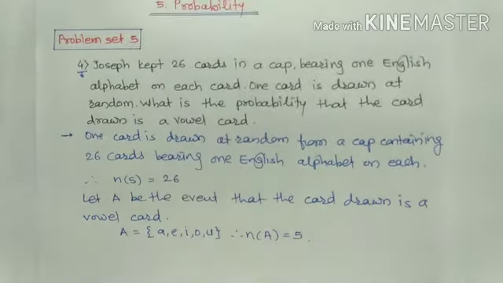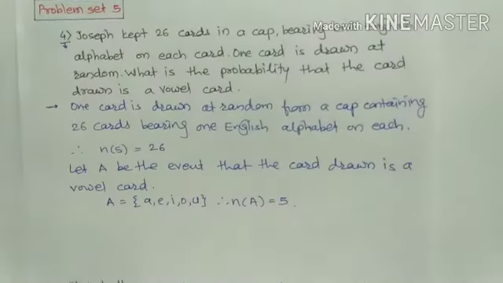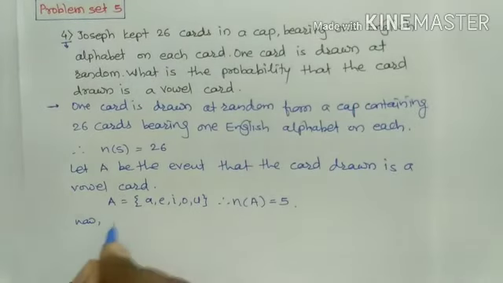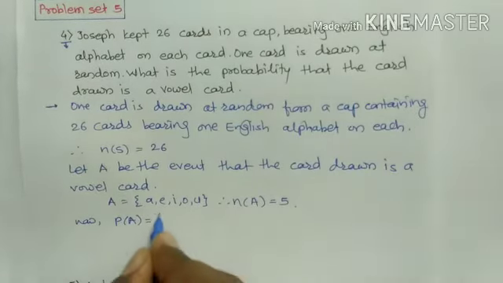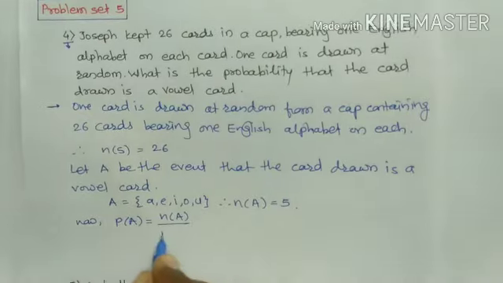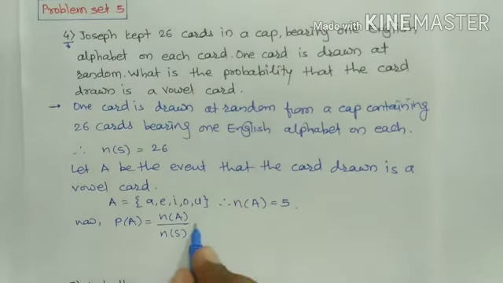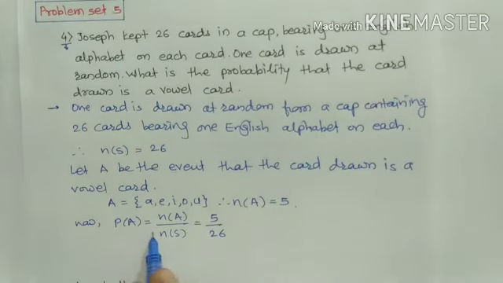Now we have to find the probability of this event. Now probability of A equals number of A upon number of S, that is equals to, here number of A is 5, number of S is 26. That is, the probability of this event that the card drawn is a vowel card is 5 by 26. So here we write the answer.